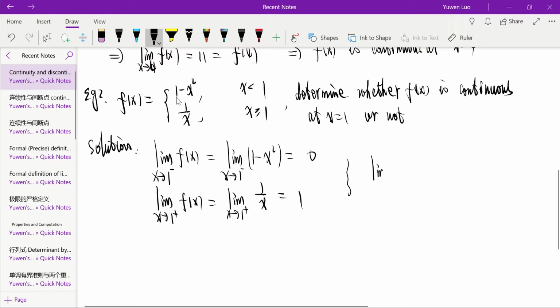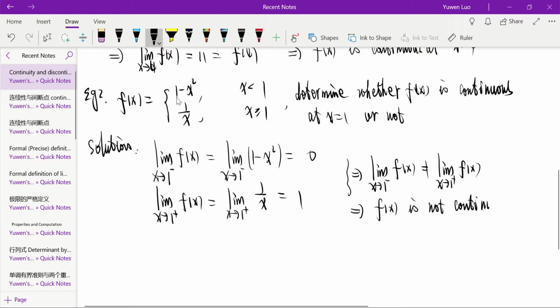So the left limit does not equal the right limit. So f(x) is not continuous at x equals 1.